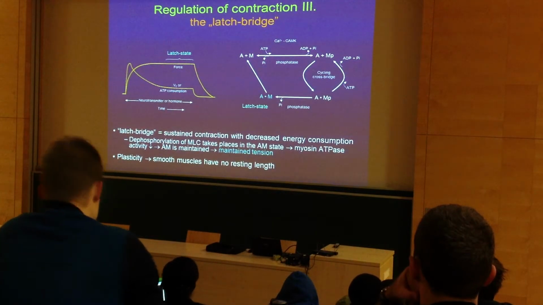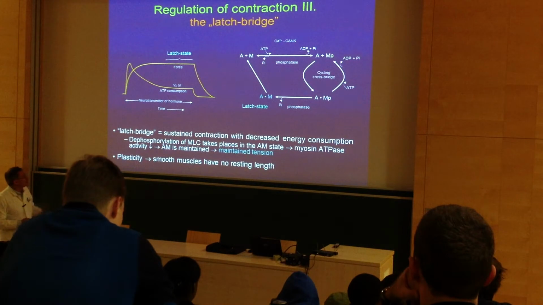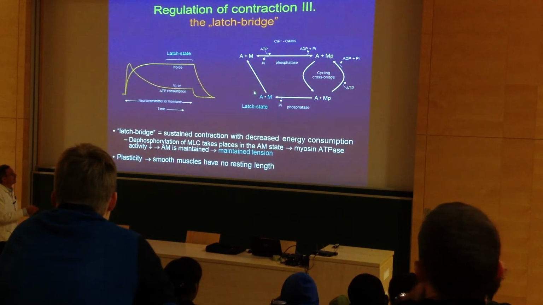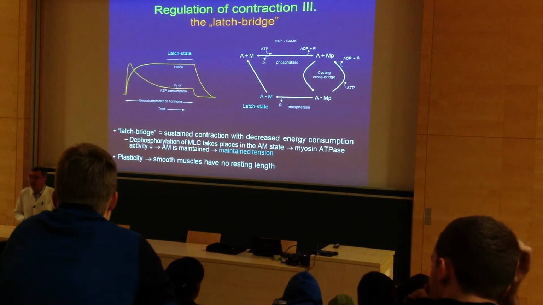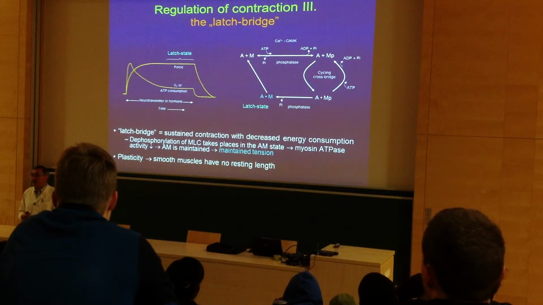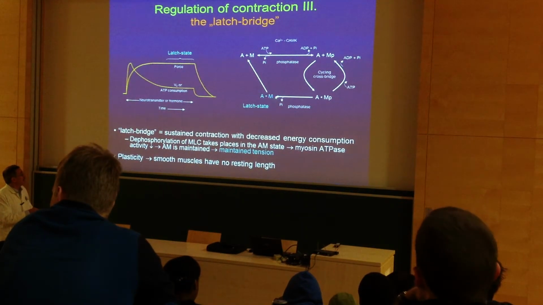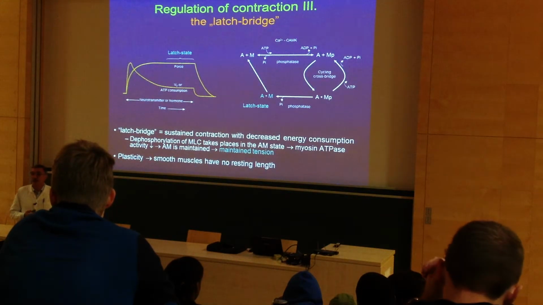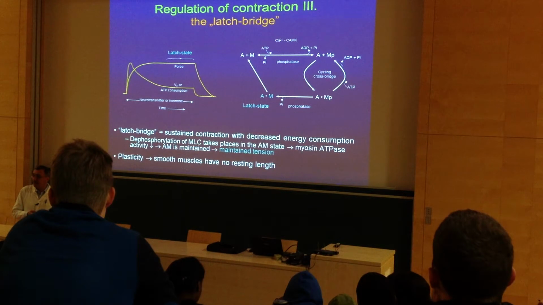Let me try to give you an example that you might have heard of. What happens if the system in skeletal muscle gets to this state? When can that happen in a skeletal muscle? Well, in order for actin and myosin to remain bound and not detached, the detachment, if you recall, depends on the presence of ATP.